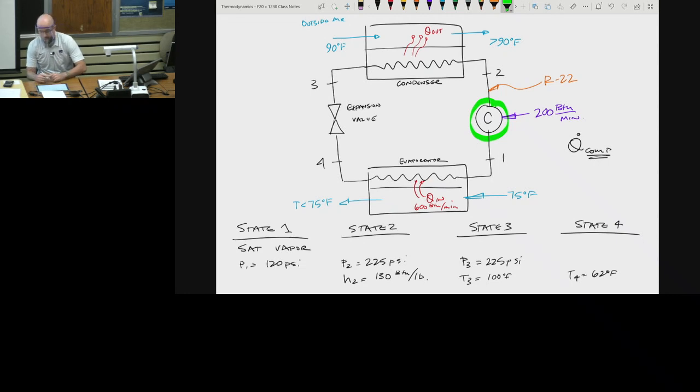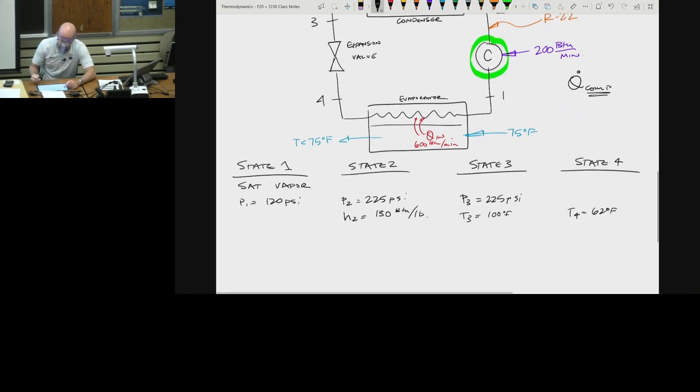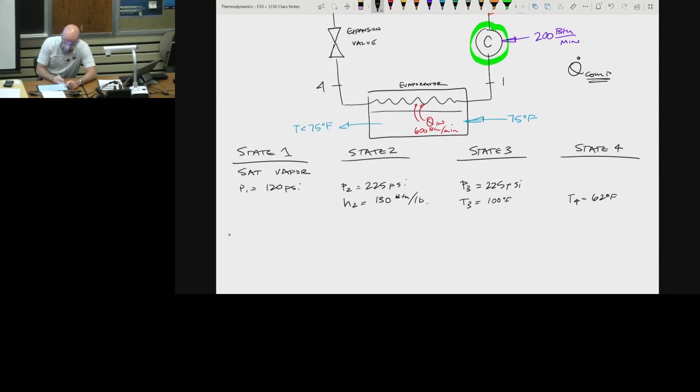That's what I'm going to choose first, and see what happens. You might think that's a bad choice, but I'm going to go through it this way. So the compressor is our system, our CV, control volume.